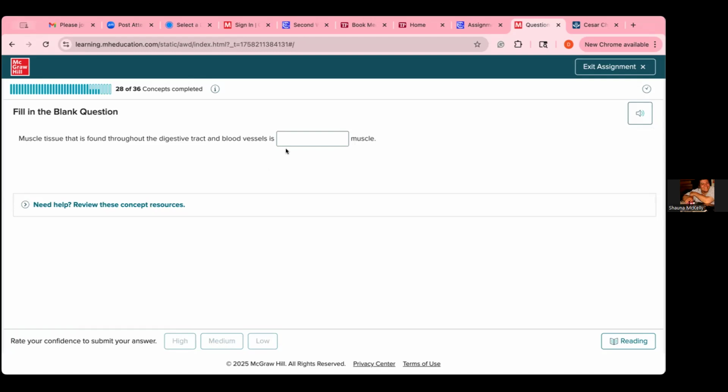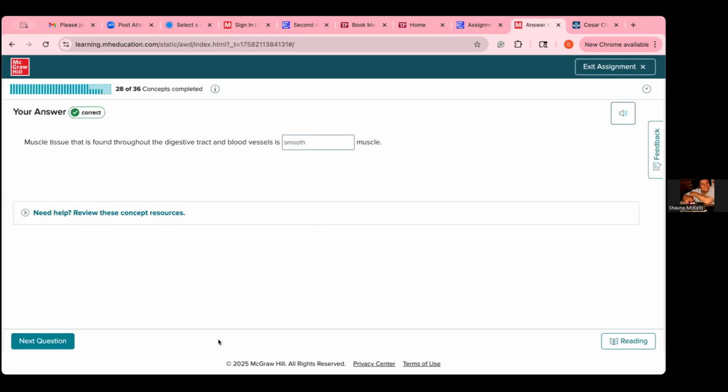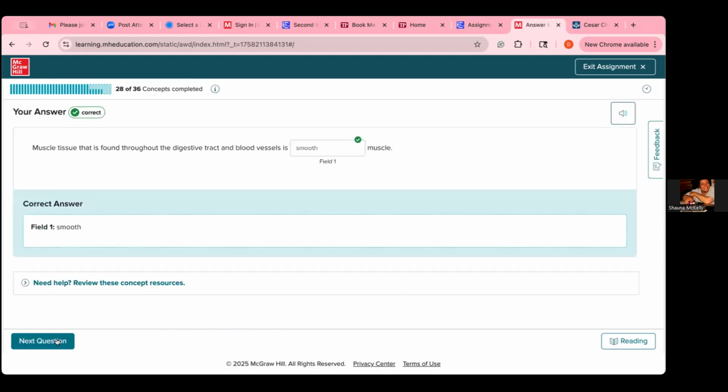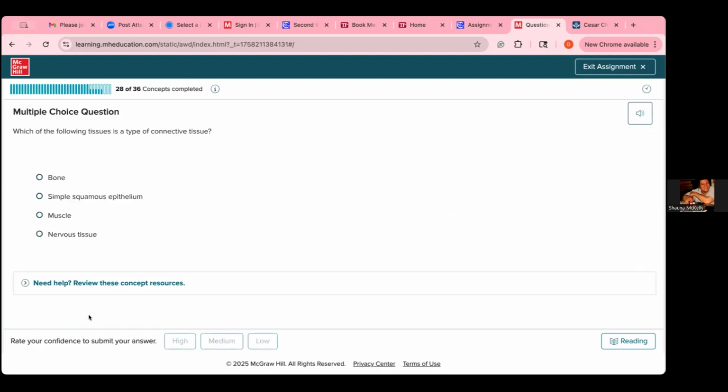That's also smooth. Okay. Which of the following is a type of connective tissue? Bone. Bone is a connective tissue.